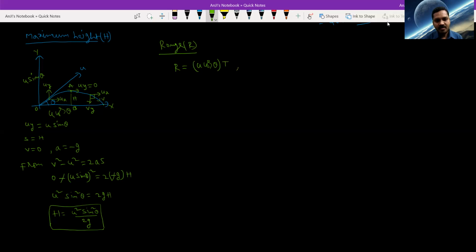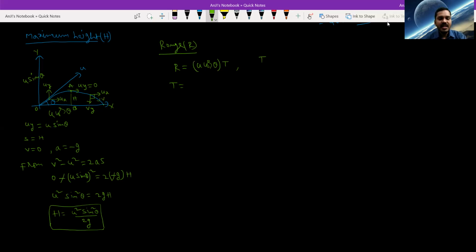But we know, what is time of flight? T is equal to 2u sin theta by g. Time of ascent is u sin theta by g, time of descent is u sin theta by g. So capital T is equal to time of ascent plus time of descent, which is u sin theta by g plus u sin theta by g, which is equal to 2u sin theta by g.